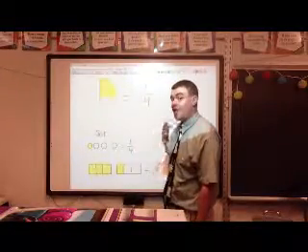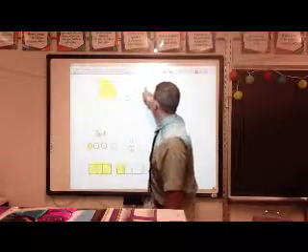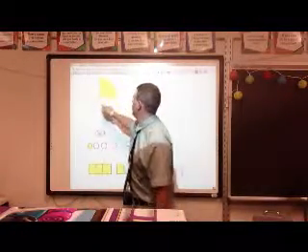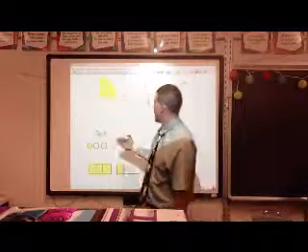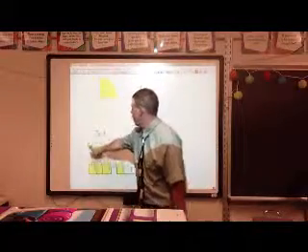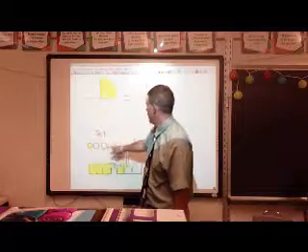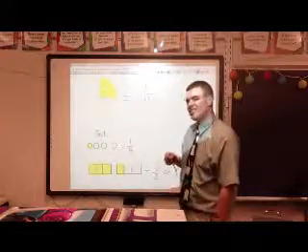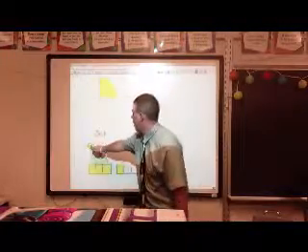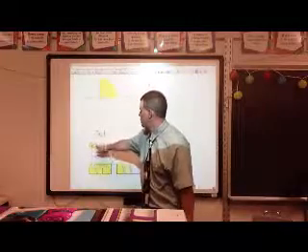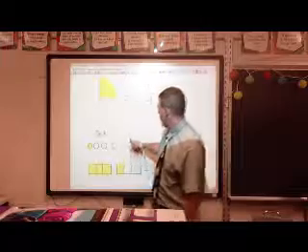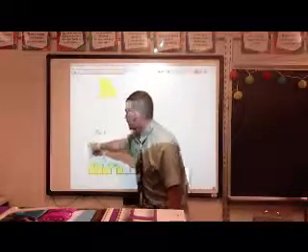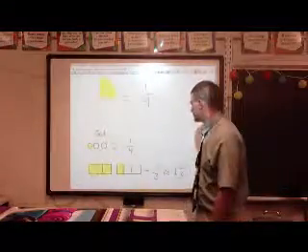The fraction that I have shaded is 1 out of 4. Let's take a look at it in a set. Here I have a set of circles, 4 of them. In this set, I only have 1 out of 4 circles shaded. I have 1/4 of the set of circles shaded.